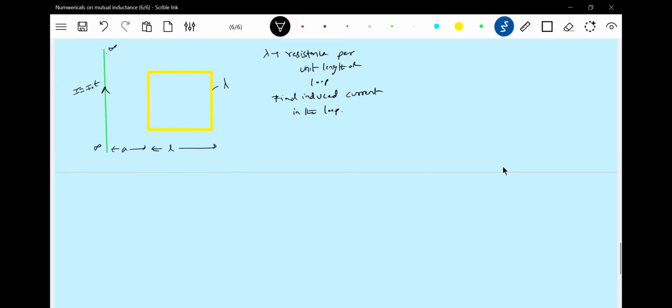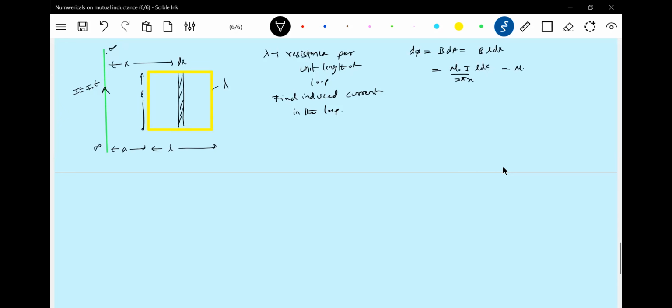So first, let's calculate the flux linking this structure. The side length of this is L. So what is the flux linking that? d phi equals B into dA, which is equal to B into L into dx. What is B equal to? Mu naught I by 2 pi x, due to the long wire.